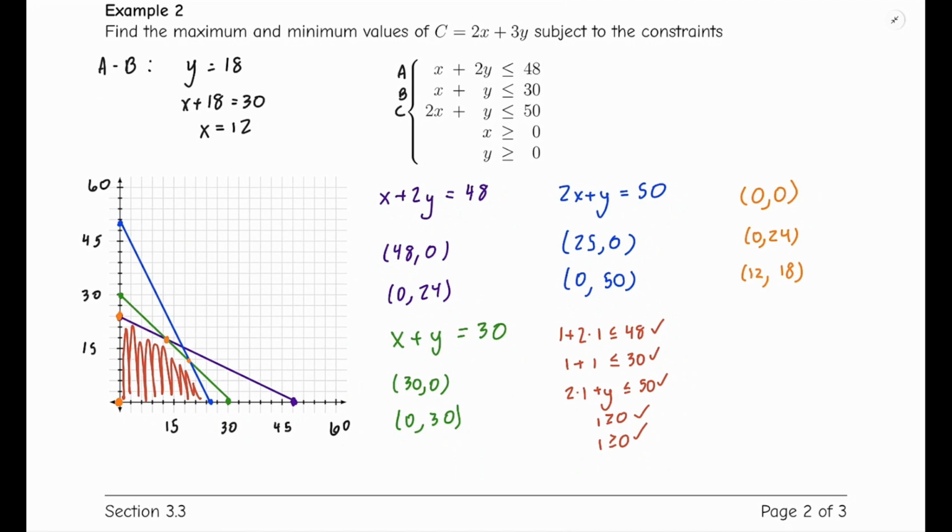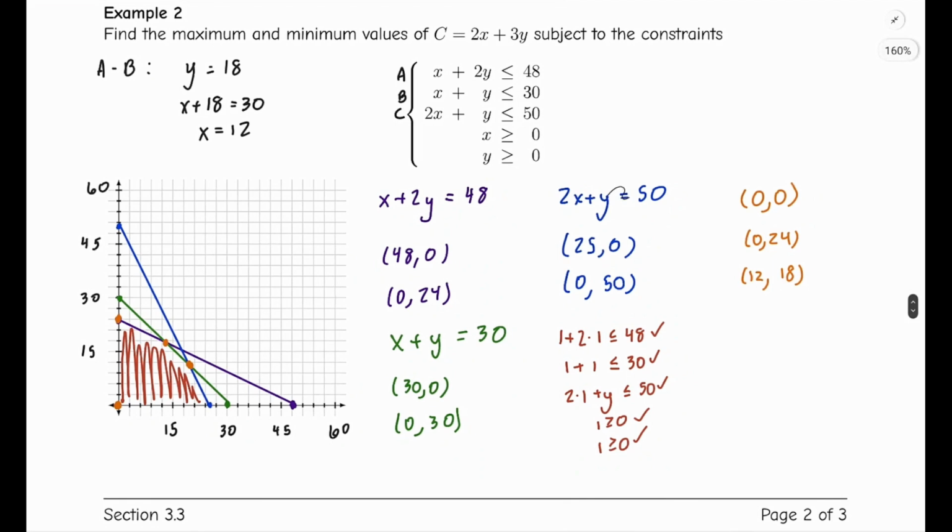Next, I need to find the intersection of the blue and green line. Again, I'm just going to use elimination there. So blue is C, green is B. So I'm going to go C minus B this time. So 2x minus x is x, y minus y is nothing, and 50 minus 30 is 20, so I get x equals 20.